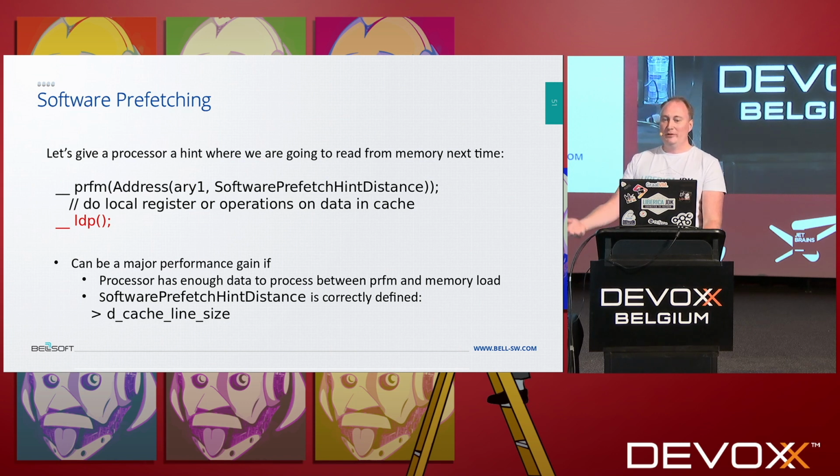You can issue a special instruction that says, okay, here's a hint for you, processor: I'm going to read that data in the near future. And you can do the same on Intel. There are also prefetching instructions. But by benchmarking, you have to determine what prefetching distance is optimal for your hardware, what really helps your algorithm to prefetch well.